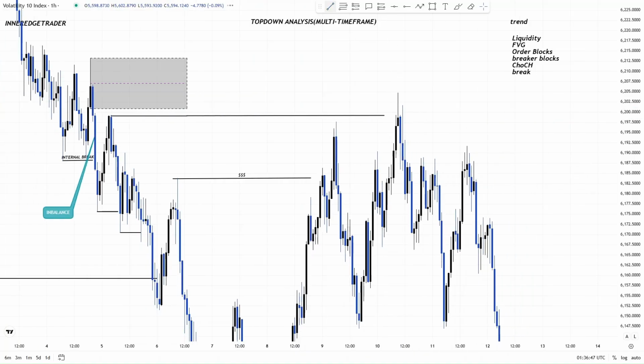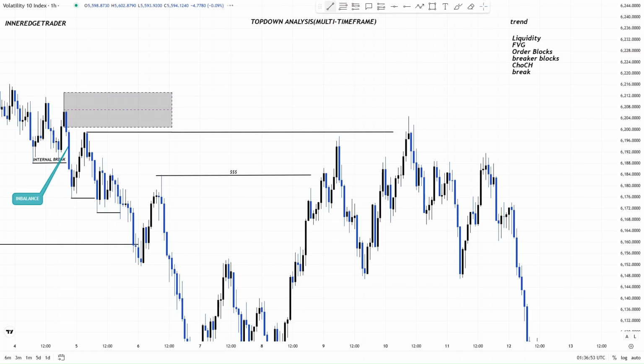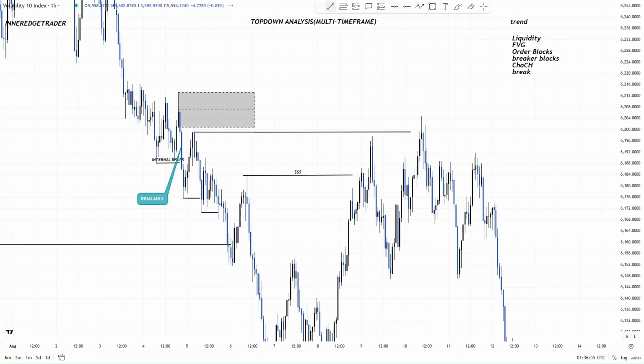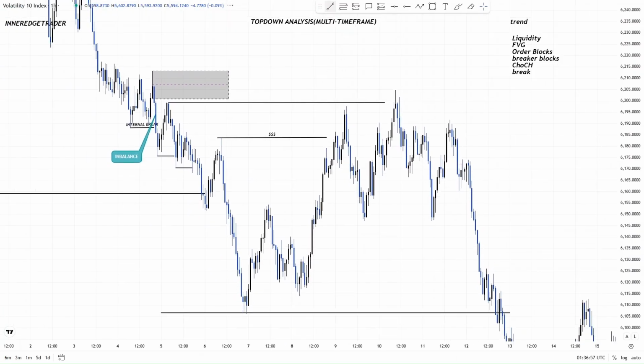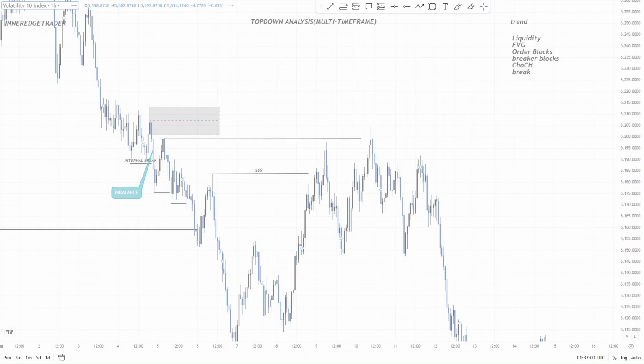Now if you move to the 15-minute time frame for entry in this zone, because we are confirming a sell after a liquidity pool.